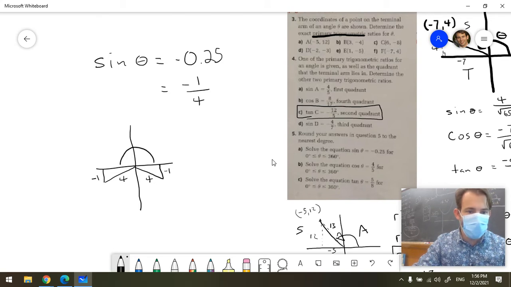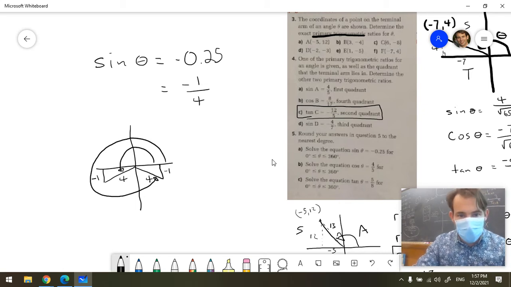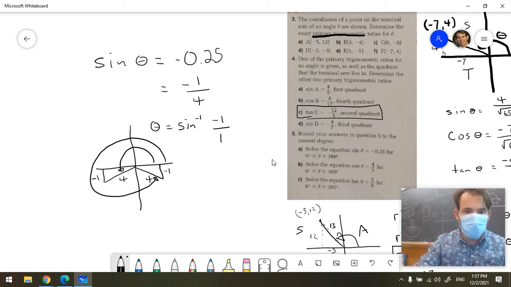This angle here looks to be about 200, and this angle here I believe will be about 340. These are my guesses. And now I use the inverse sine function. If I know that sine theta is equal to negative 1 over 4, then I know that theta is equal to the inverse sine of negative 1 over 4.